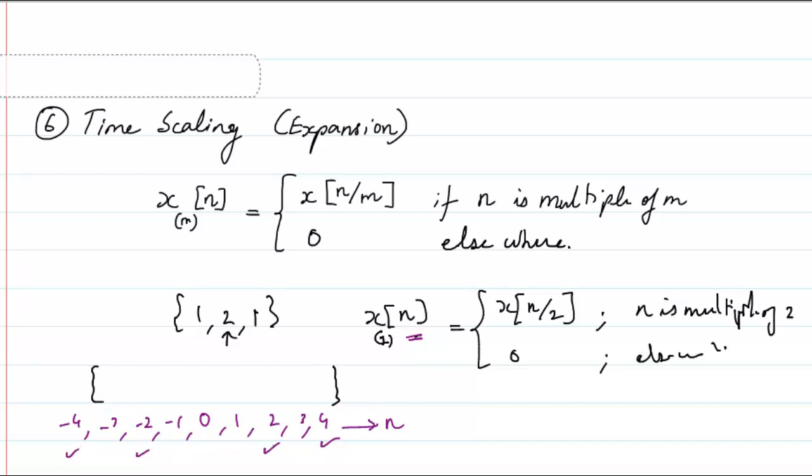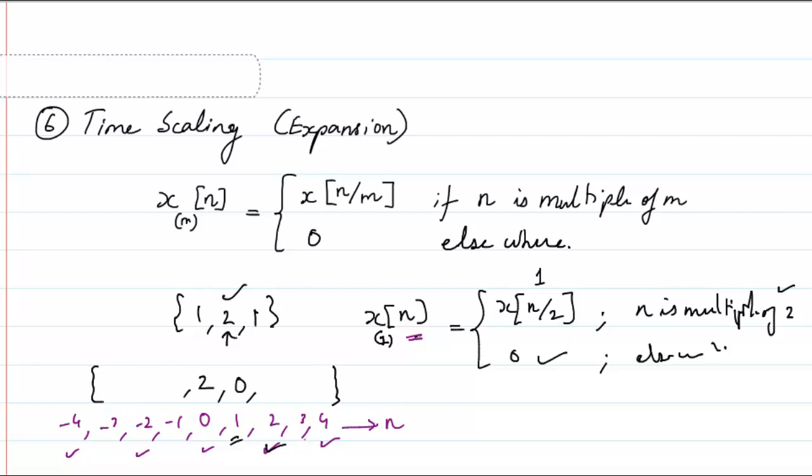At those values, even 0, I will write the value that is there here. Now for n equal to 1, 1 is not a multiple of 2, so I will put the value as 0 here. Next, n equal to 2 is a multiple of 2, so I will put the value x of n by 2.